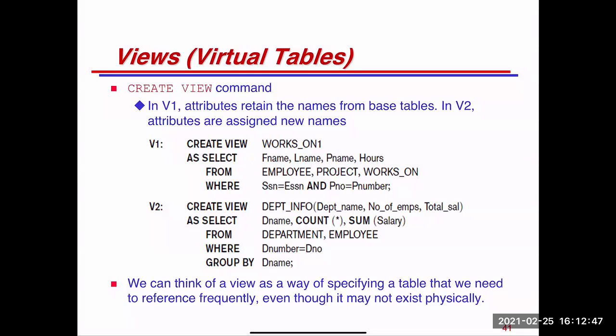And here in version 2, when we create this view, we're using different attribute names. The reason for that is that I'm actually doing some arithmetic on these tuples. I'm summing up over the salaries for each group, and therefore I'm calling the resulting attribute total salary.